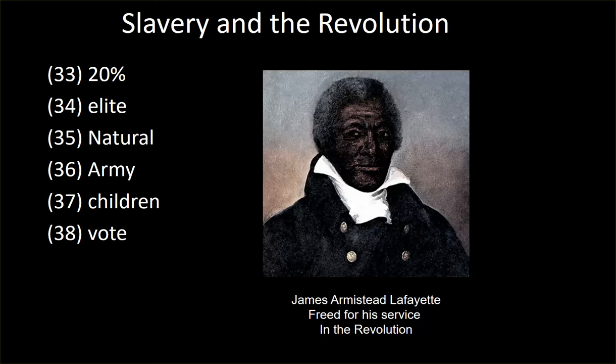And most dramatically, slaves themselves understood that the Revolution was a prime time to demand their rights. The language of liberty, all of this rhetoric of natural rights and consent of the governed, spread through slave communities in the North and the South. And they heard patriot leaders, sometimes their owners, talking about the unalienable rights of man.